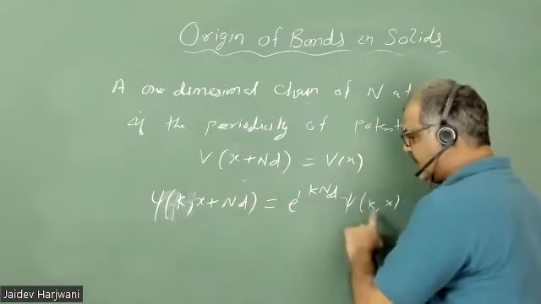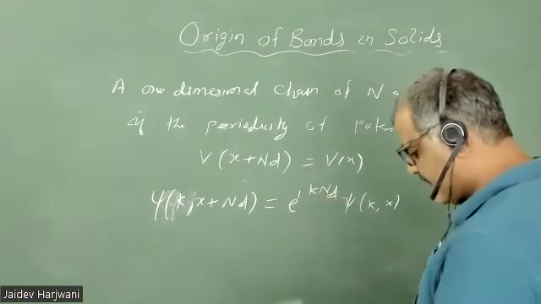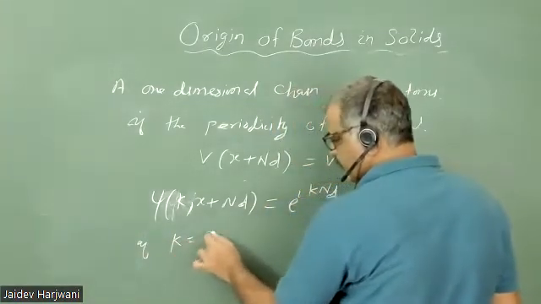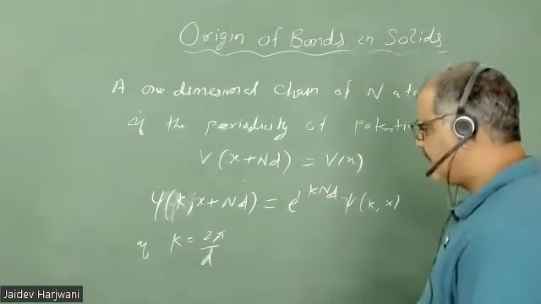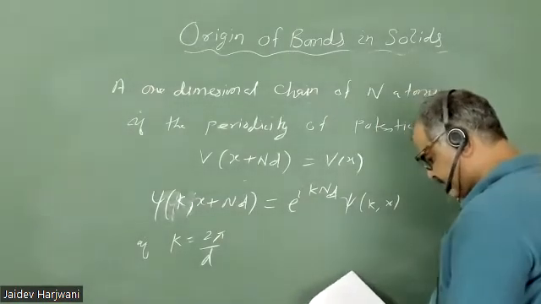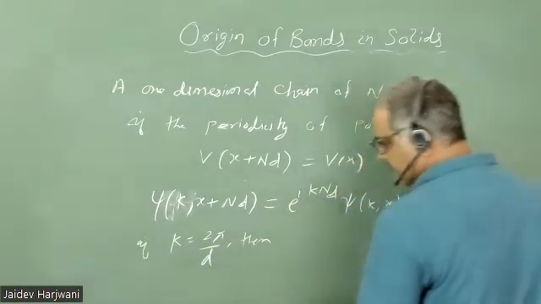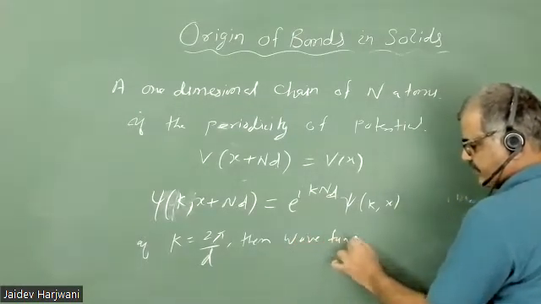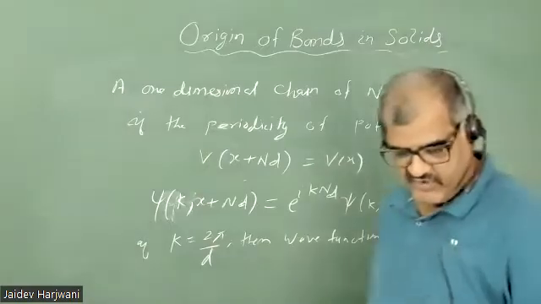That means the wave function has the same value when k equals 2 pi n over d. For these k values, the wave functions are the same.